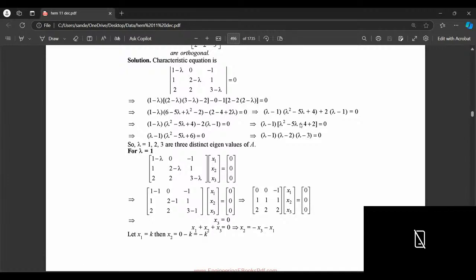Now from this you will get three equations: x1 plus x2 plus x3 equal to 0.